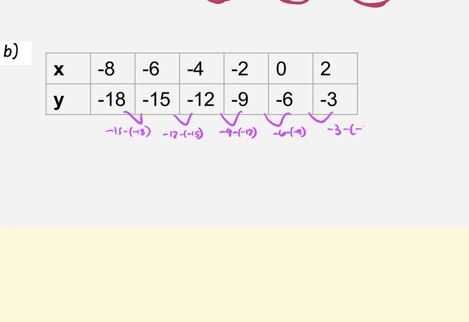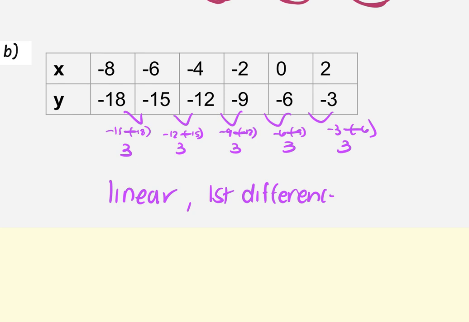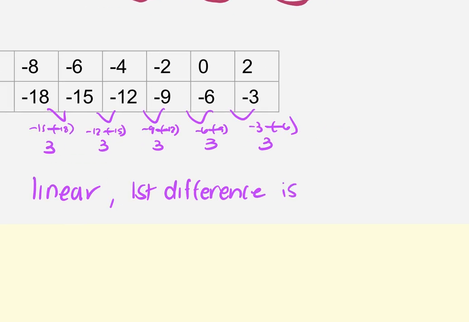Negative 3 minus negative 6. They are all 3. Good. Which means this is linear. First difference is constant and 3. Yep. Would it ever ask us?